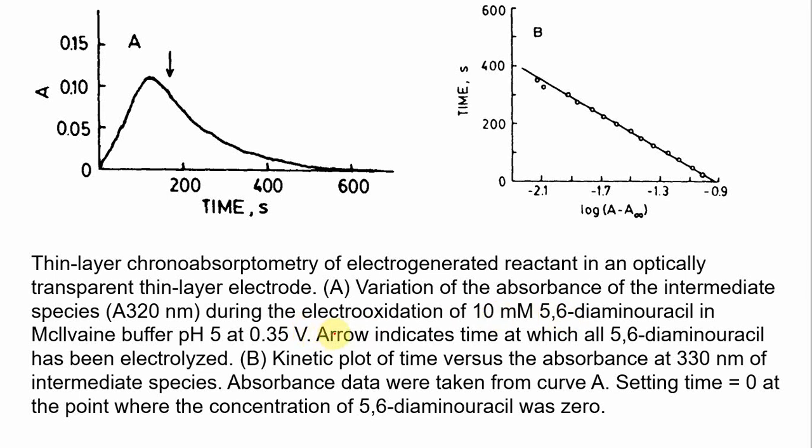Now the arrow here indicates the time at which all the 5,6-diaminouracil has been electrolyzed, and B shows the kinetic plot of time versus the absorbance at 330 nanometers of the intermediate species. Absorbance data is taken from this curve, and the setting time is equal to 0 at the point where the concentration of diaminouracil was 0.